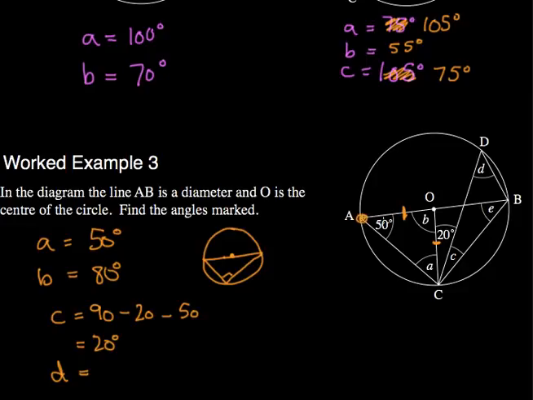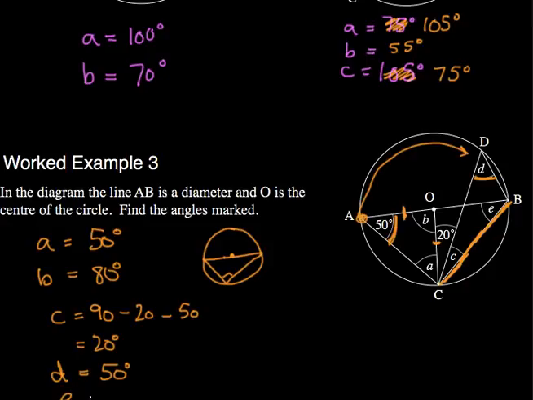This angle here subtends from the chord BC, has swung all the way around to there. So this angle and this angle are equal because they both subtend from this chord here. This angle and this angle. So D must be 50 degrees.